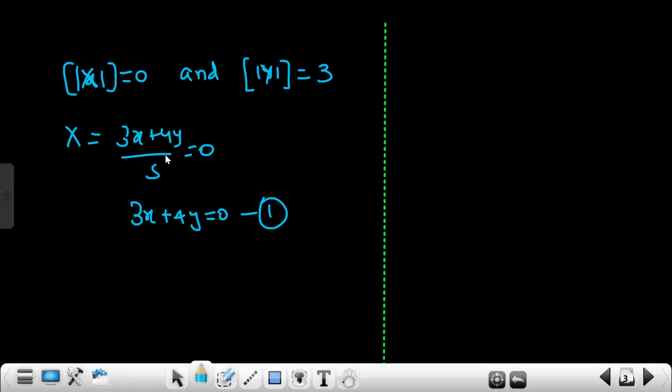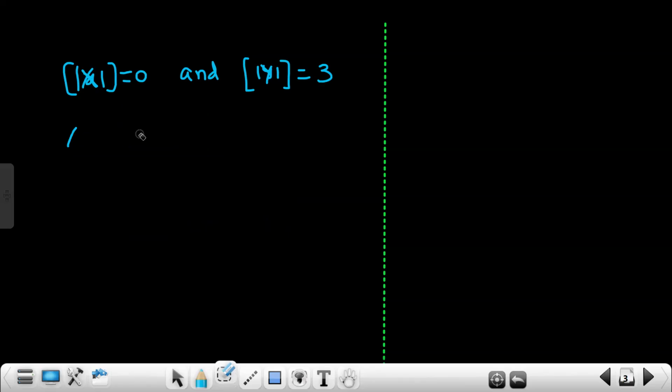This is a greatest integer. So greatest integer of anything is 0 only when this quantity is in between 0 and 1.